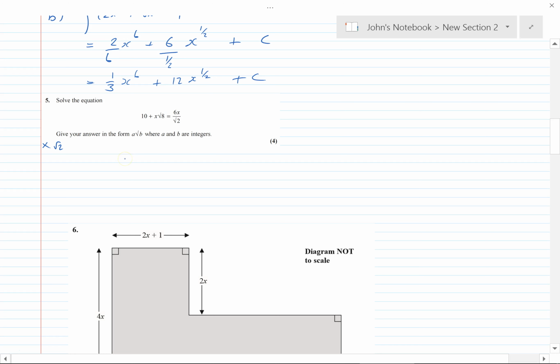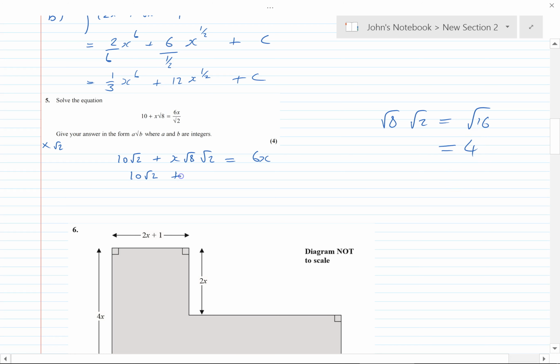So we've got 10 root 2 plus x root 8 root 2 is equal to 6x. Now that gives me 10 root 2. Now root 8 times root 2 is equal to root 16, which is equal to 4.